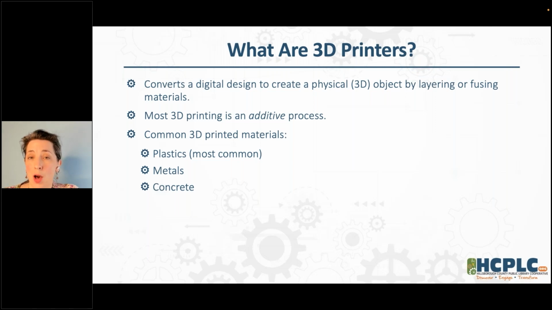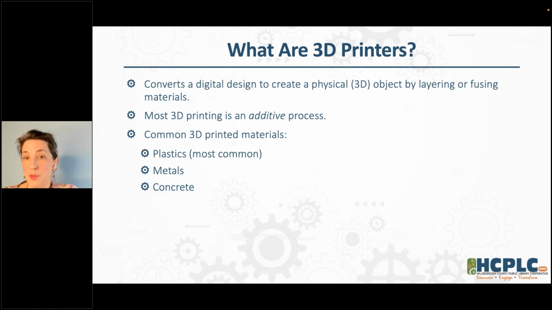We're going to focus on the additive process 3D printings, and we'll go over the different types of that as well. Some common 3D printed materials, so what you would use to print, your ink, if you will. The most common is going to be plastics. Different types of plastics are generally used for most home or consumer grade 3D printers. Some of your more industrial applications will have different kinds of plastics. For your home, you'll probably mostly encounter PLA type plastics. For industry, you might get something more specialized, more nylon and other kinds of polymer products.